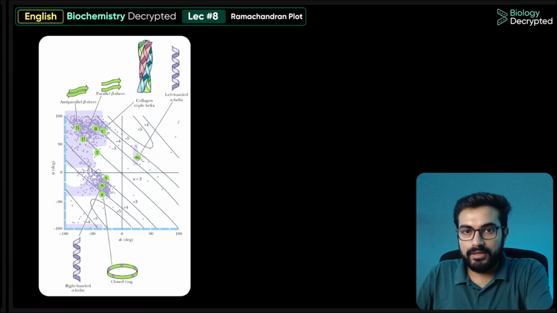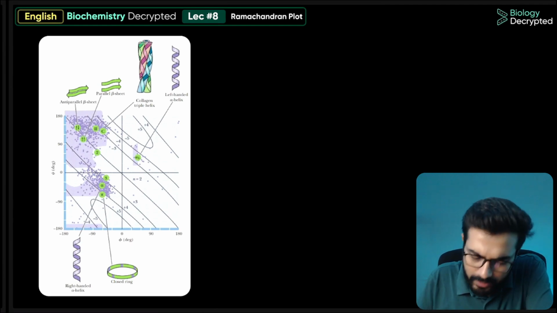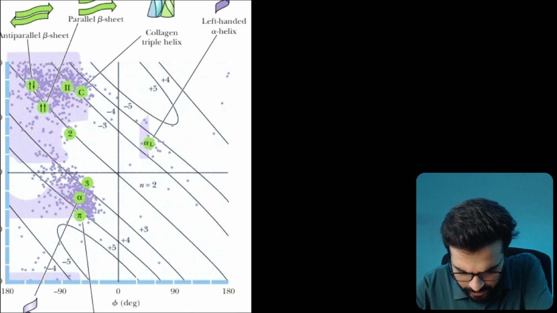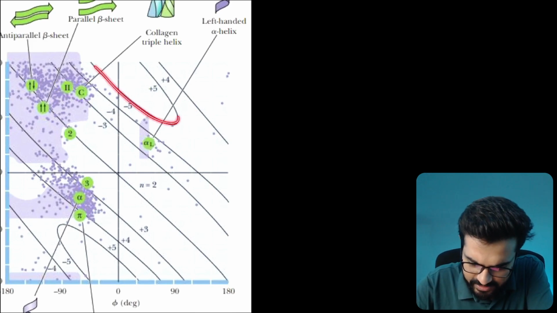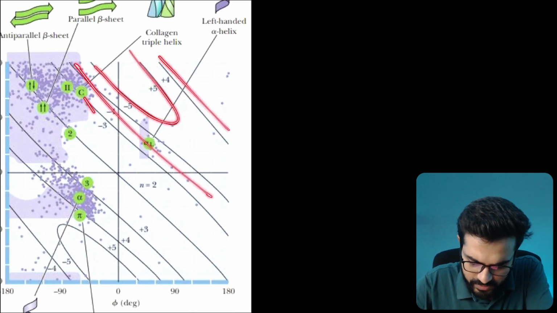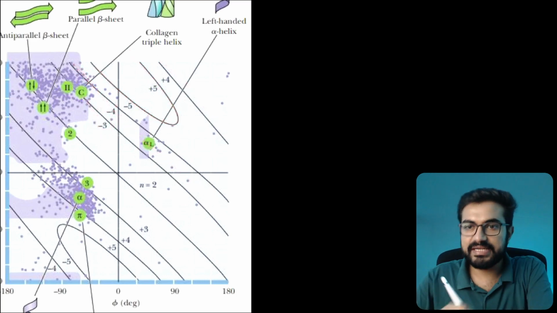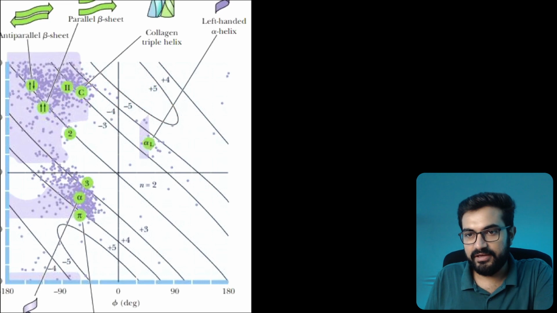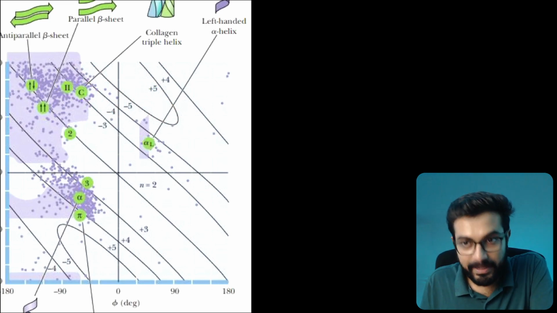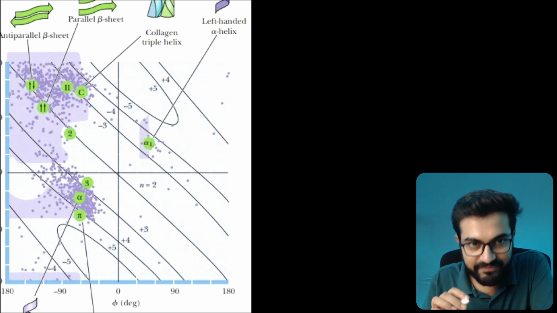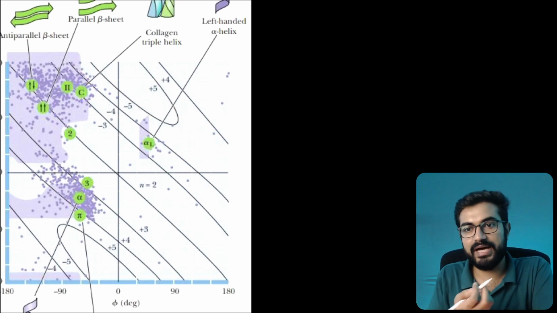Now, coming to an important point. What are these grid lines, or you can say these contour lines, as you can see here? This one, this one, this one, and what are these numbers signifying? Well, these numbers signify the number of amino acid residues present per turn. Like in every turn, how many residues are present?